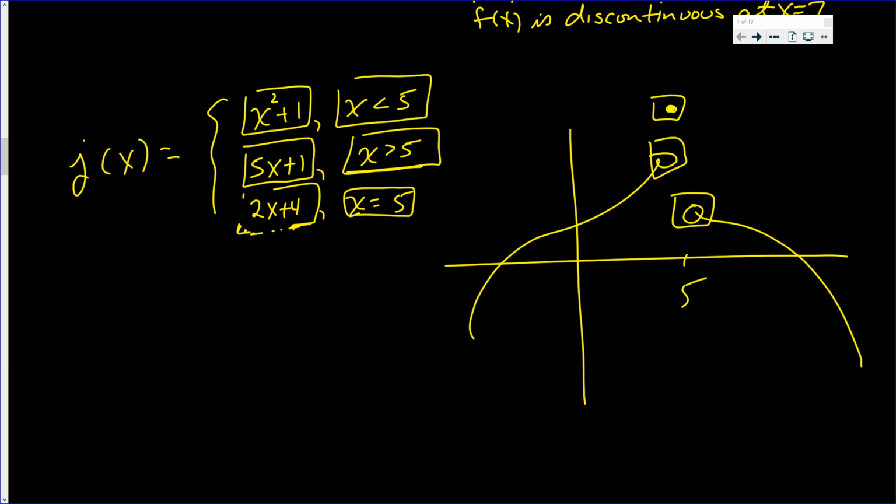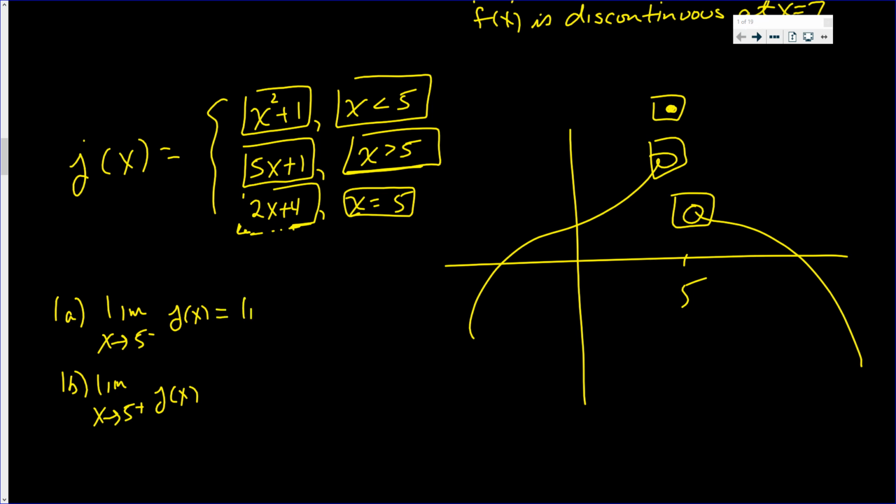Are they the same y value? Okay, so 1a. What is the limit as x goes to 5 of j of x? 1b. What is the limit as x goes to 5 from above of j of x? And 2 is whether or not they're equal.